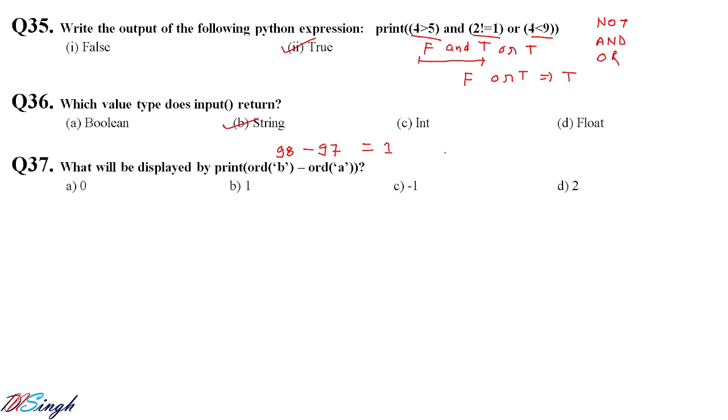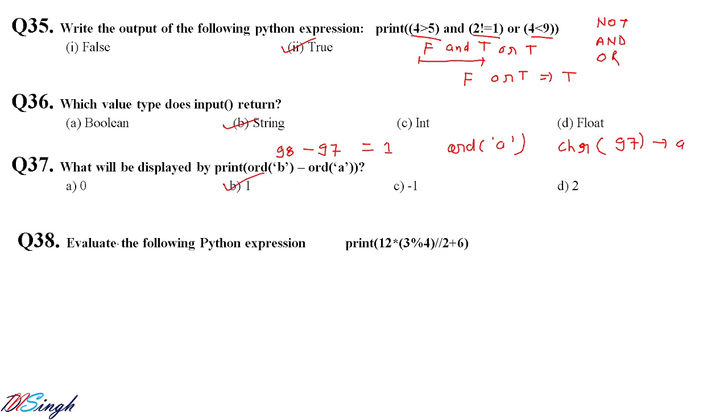So there are two functions. The first one is what? ord. It takes a character as input, like a, and another function is, I hope, chr. Okay, chr, just see it. In that, if you give an ASCII value, you will get output as a character.